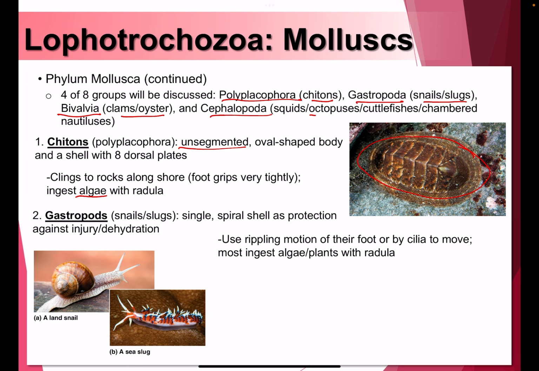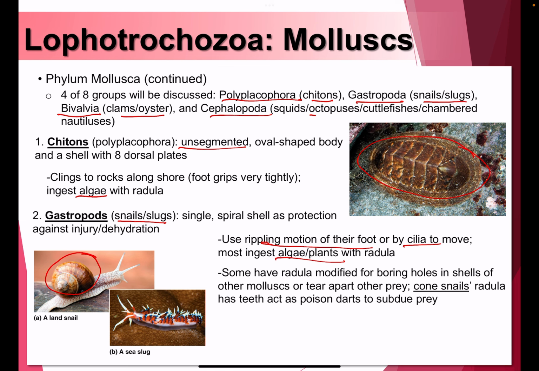Gastropods are the second group of species within the phylum Mollusca. These include your snails and slugs, which usually, for snails, have a single spiral shell as protection against injury or dehydration. They also use a rippling motion of their foot or cilia to move along whatever environment they are living in. Most will ingest algae or dead plants or plants in general with their radula.